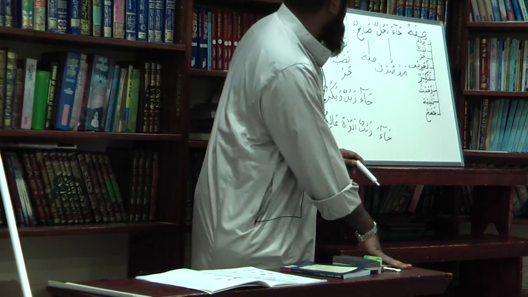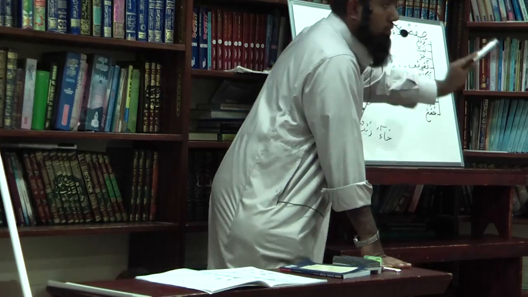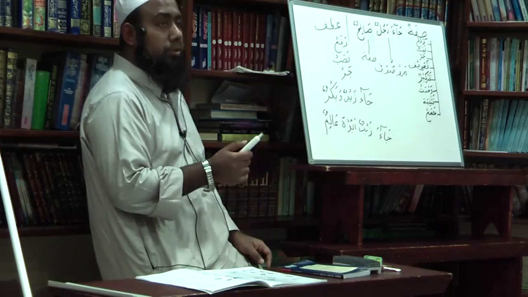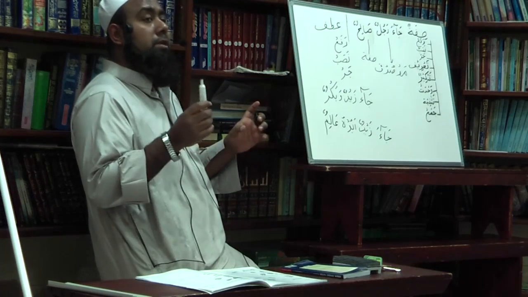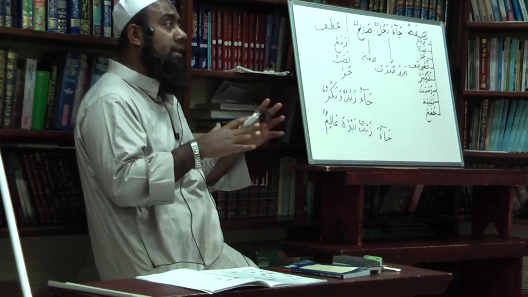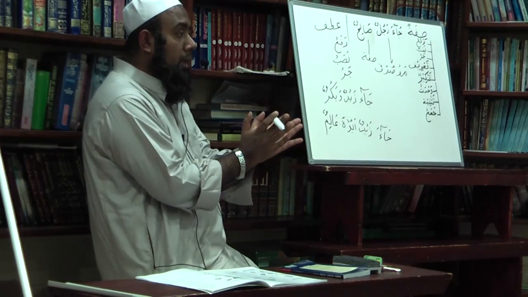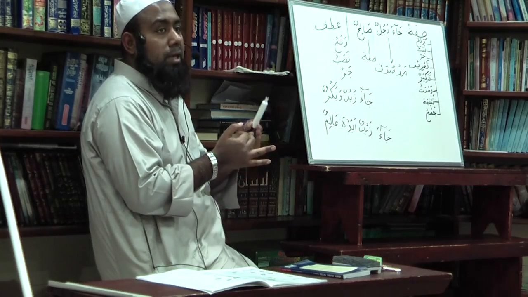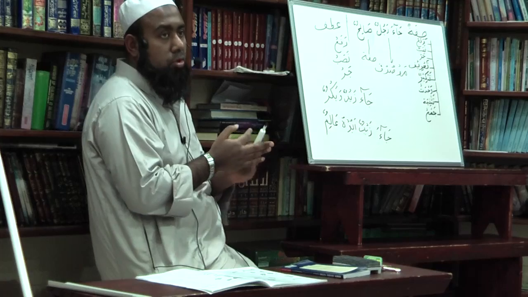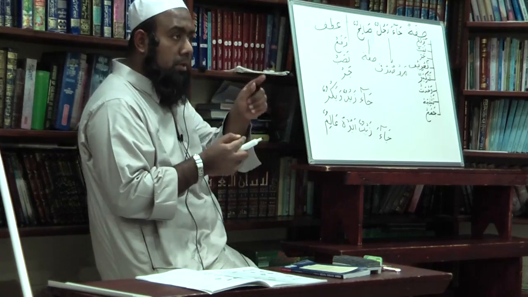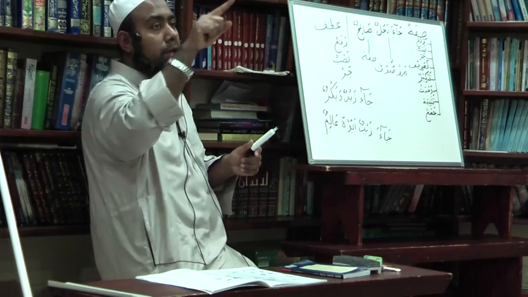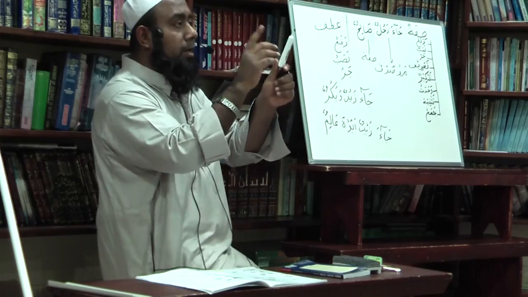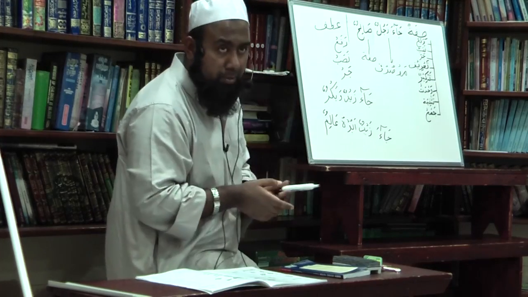The reason why they use Rafa is because sometimes the dhamma is indicating towards a state. So you have a nominative, accusative, and genitive state. Nominative state means it has a rafa, it has a dhamma.